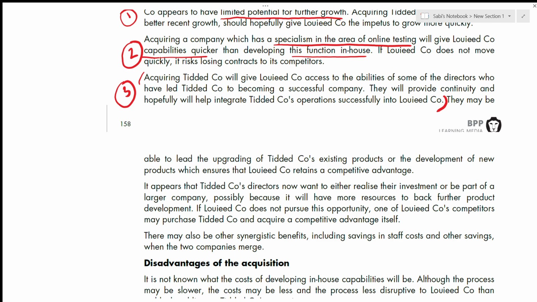Now the last: there may also be other synergistic benefits. So this is the fourth benefit. This you don't need to write. Don't make this mistake. If they tell you to write 3, you have to write 3 only. Don't go and write 4.